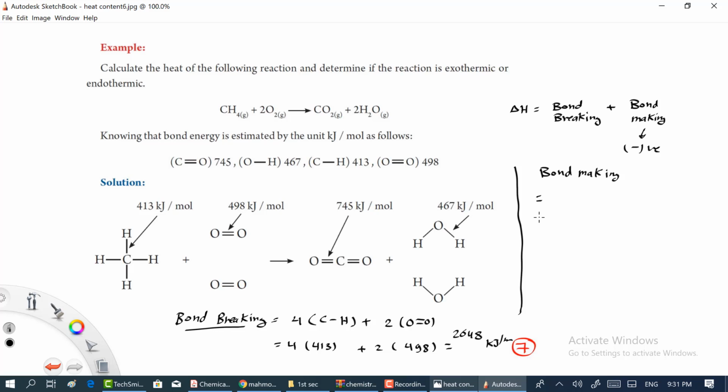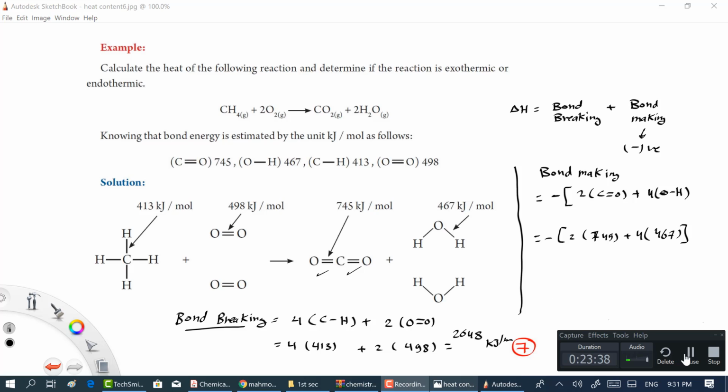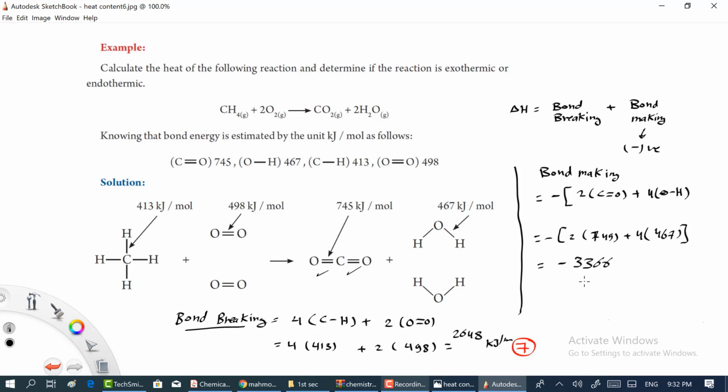Bond making. As we said before, for making we put the negative sign. Then we form 2 bonds of the type C double bond O, so negative 2 multiply 745, plus 4 bonds of the type O-H, 1, 2, 3, and 4, so plus 4 multiply 467. Calculating it, the value is negative 3366.